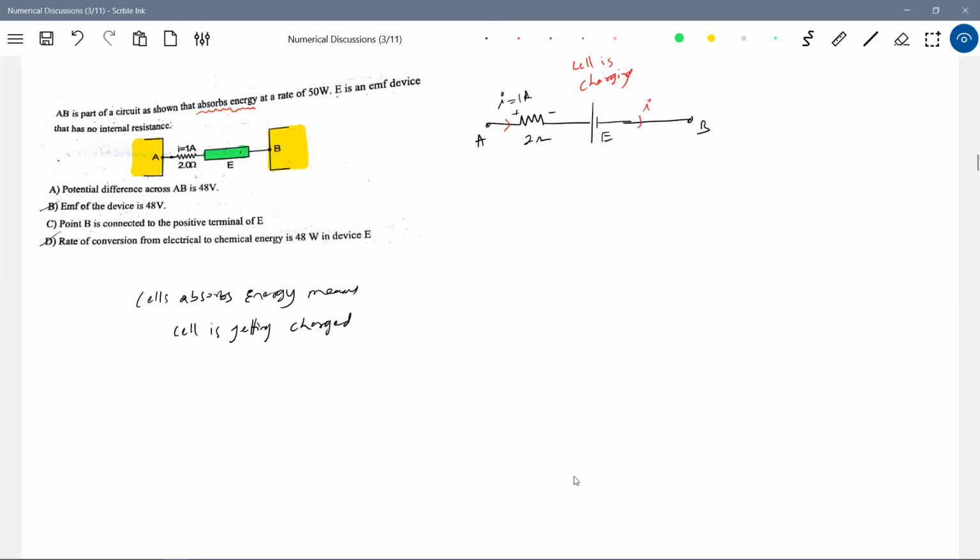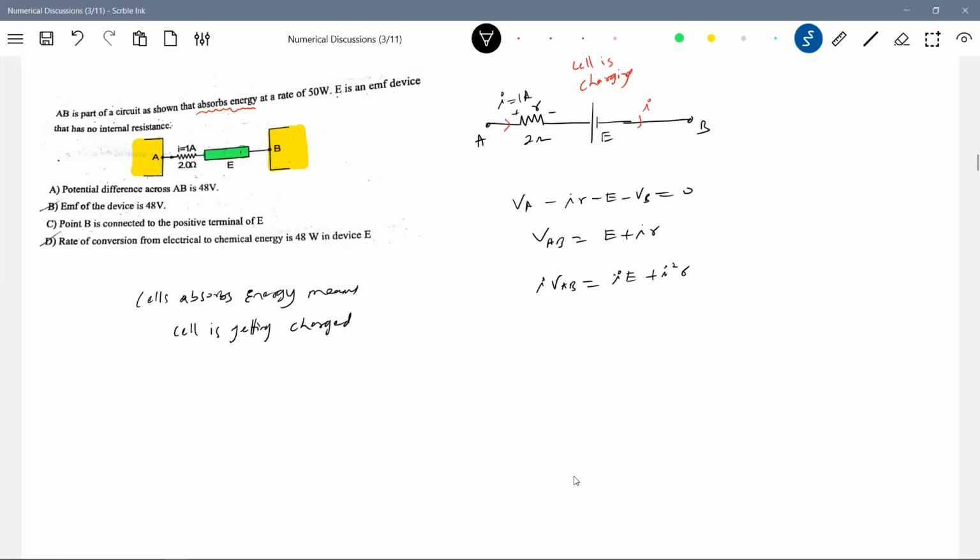I think that is what the 50 watt is telling. Okay, we'll see what equation I can write. So this is R. Writing the symbol, VAB is equal to E plus IR. Let me multiply by I. So what is I into VAB?